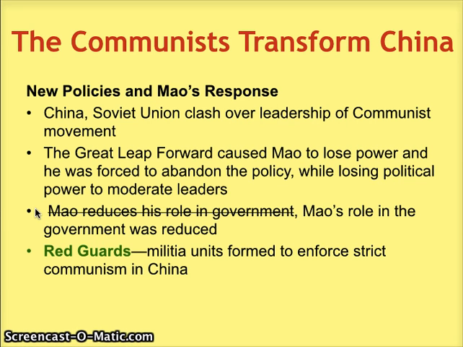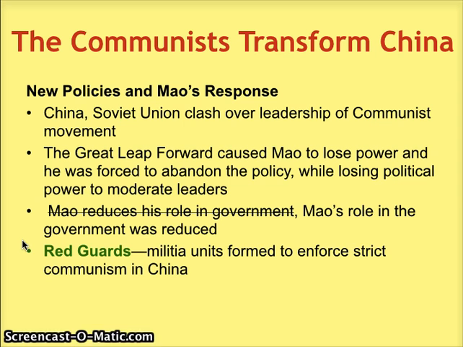But what he ends up doing is he calls out to all young people to stand up in the name of this social unity and equality that is communism. And that's how the Red Guards form. Many students and young people leave school and form a Red Guard militia or army that will enforce communism in China.